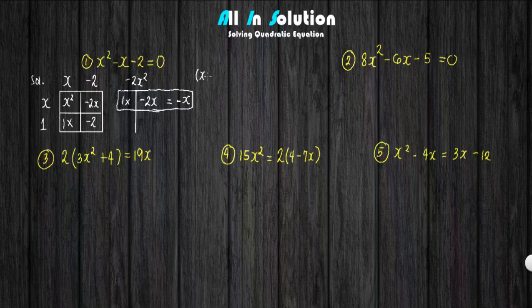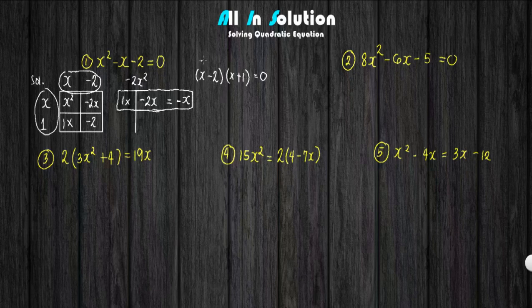So dito naman, ilalagay ko yung x minus 2 dito sa left side ng ating equation. And for the right side naman, ilalagay ko naman yung ating x plus 1. And we will equate the factors dito sa 0, no?